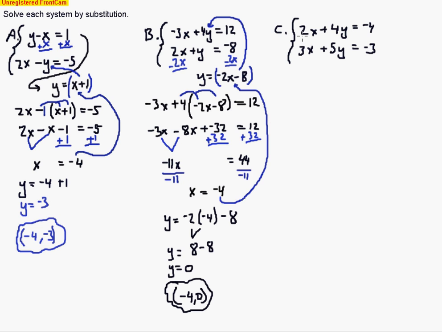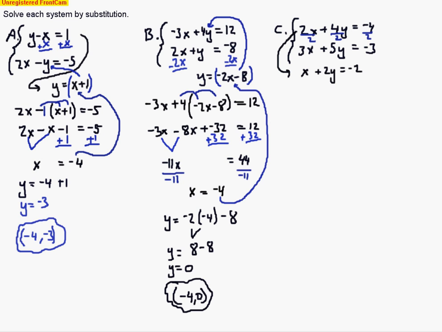So I'm going to divide all these numbers by 2. I'm going to modify this top equation. So when I do that, now my new equation, again I'll rewrite it down below here, would be x plus 2y equals negative 2.